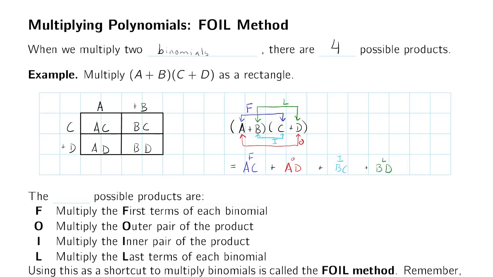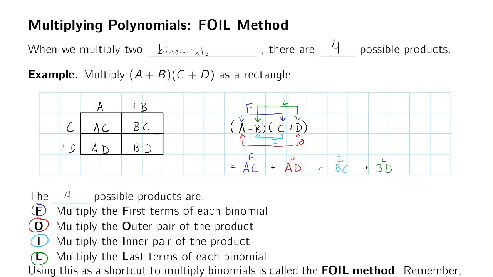So it looks like the 4 pairs of terms are the first terms from each binomial, the outer pair from the product, the inner pair from the product, and then the last terms from each binomial. And those are the 4 possible pairs that we can multiply together.